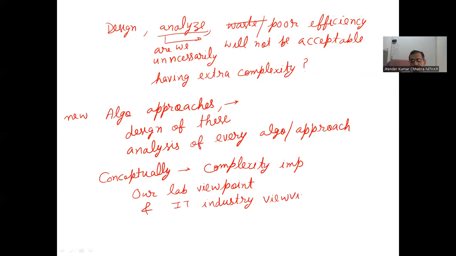Not only is complexity important, but there are some more aspects also important. What are those important aspects? There are some other aspects equally important to complexity. First, I say modularity.